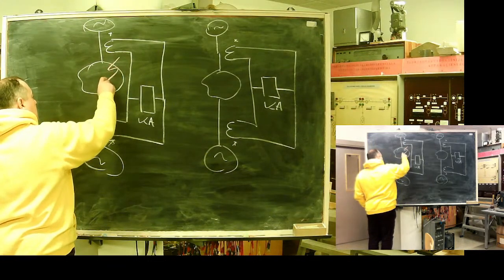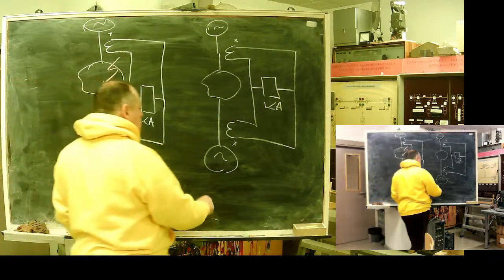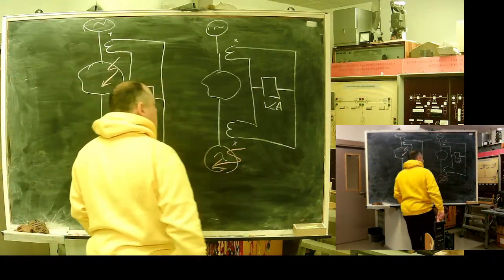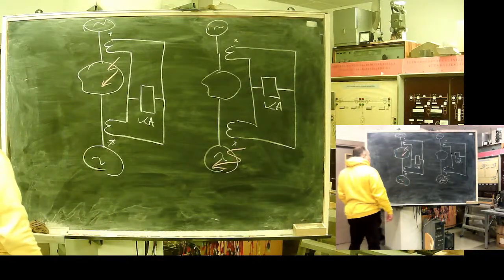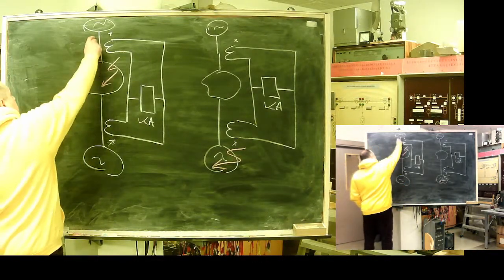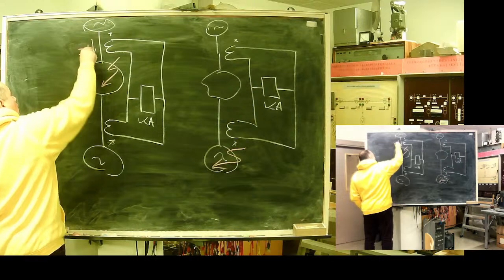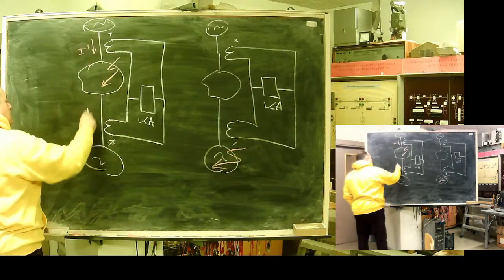Let's take an internal fault and an external fault. In case of an internal fault, we will have current 1 and, in blue, current 2.